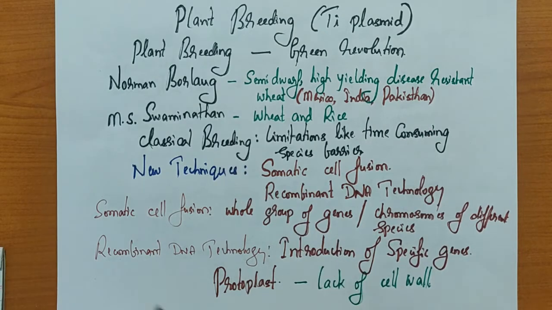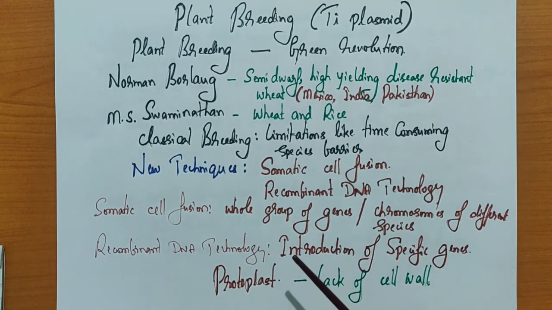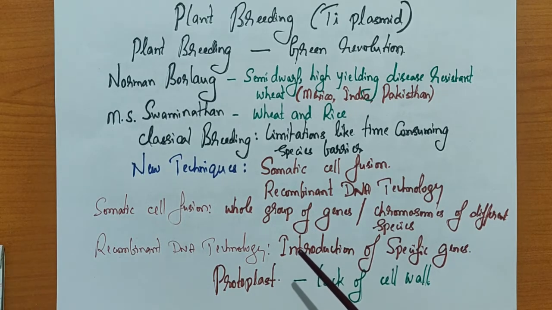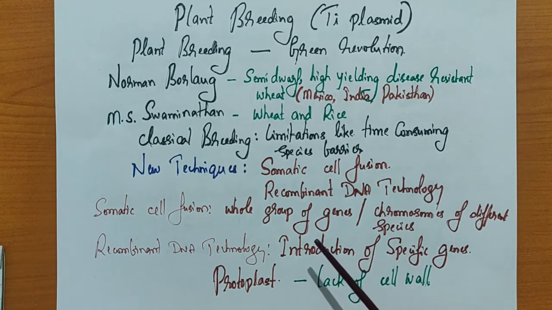For example, in prokaryotes, we discussed gram-positive bacteria, gram-negative bacteria, then yeast as a host. Here, the plant cell is going to be the host. How do you make this plant cell amenable to manipulation? That is the process of competence. How are you going to make the plant cell competent for all these manipulations?